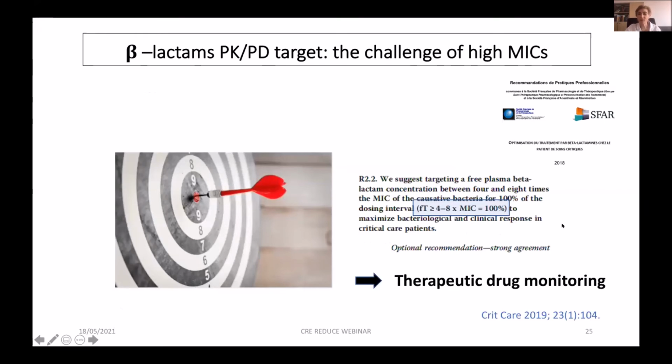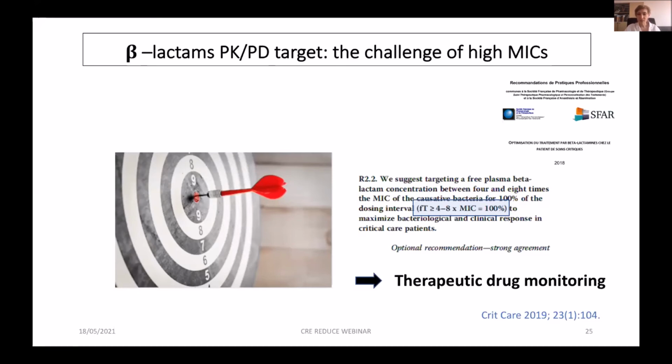That's the reason why the PK/PD target for beta-lactam is recommended for the sickest patients as 4 to 8 times the MIC, 100% of the time. And to achieve such high PK/PD targets, you need to use therapeutic drug monitoring.